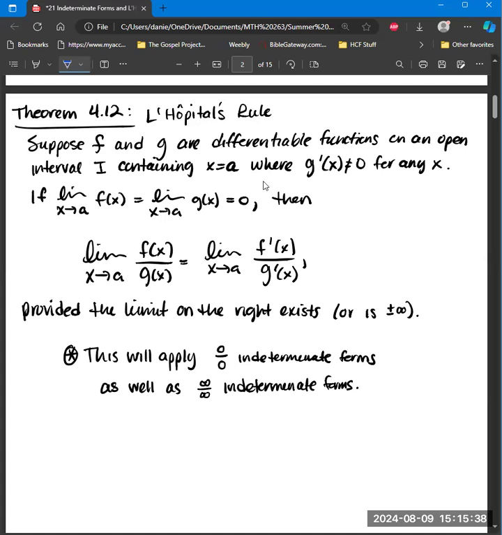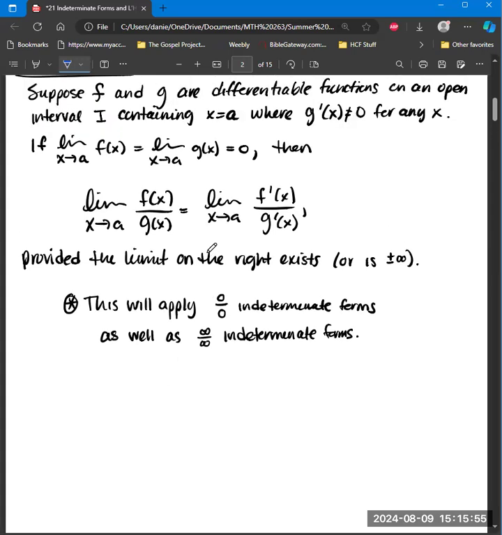If the limit as x approaches a of f of x equals the limit as x approaches a of g of x equals 0, then the limit as x approaches a of f of x over g of x is going to be the same thing as the limit as x approaches a of f prime of x over g prime of x, provided that the limit on the right exists or is plus or minus infinity.